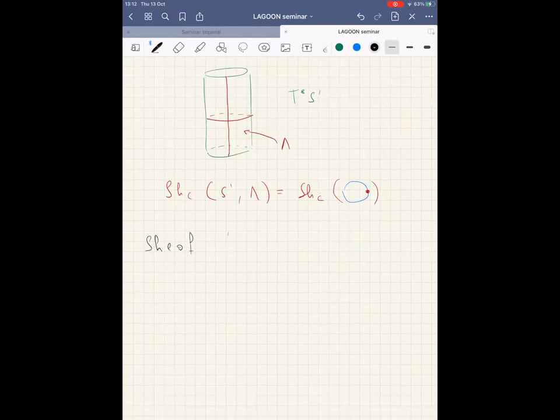So the purpose of sheaf-theoretic methods in the study of the Fukaya category, and let me write a few names here.